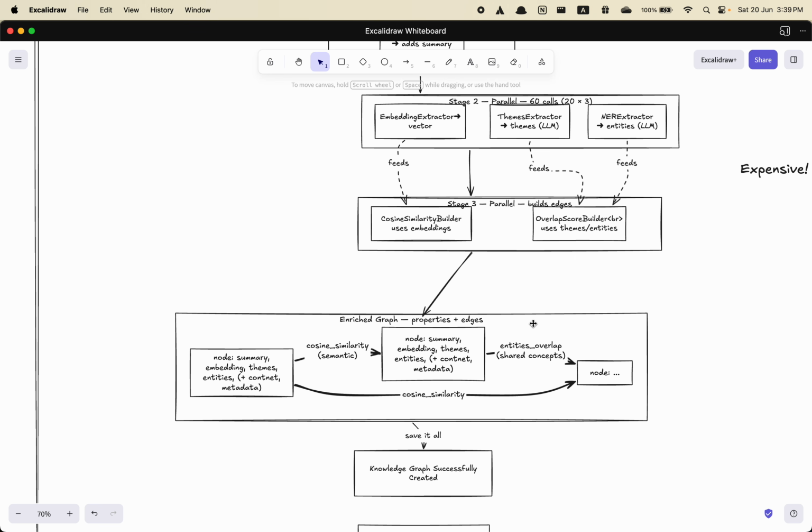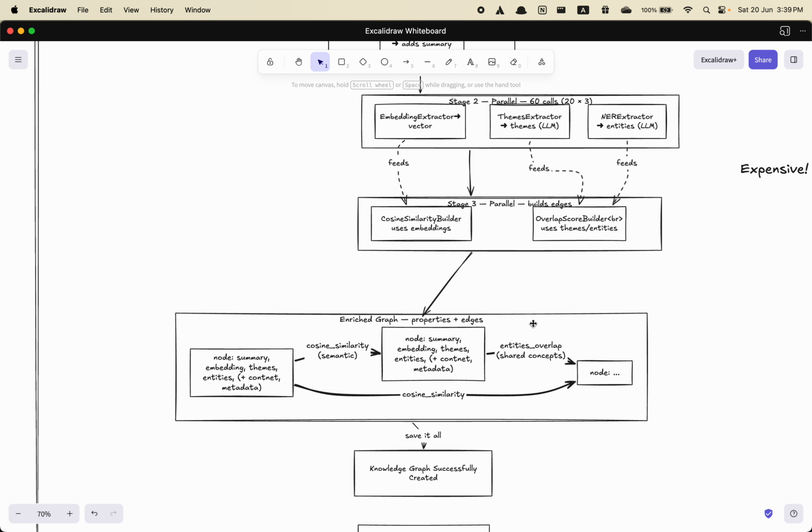So you could say we were looking at two kinds of relationships, where cosine similarity showed similar embeddings, whereas themes and entities covered similar topics.